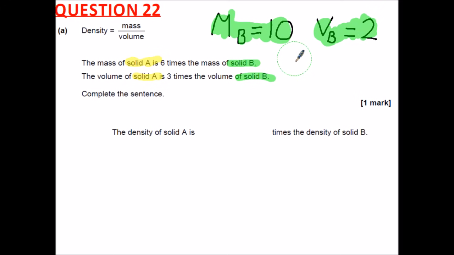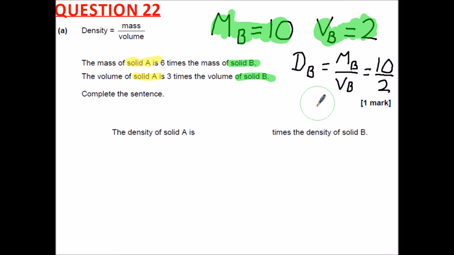So the density of B is its mass divided by its volume, which is 10 divided by 2, and 10 divided by 2 is 5. And so the density of B, we've just worked out, is 5, if those numbers existed.